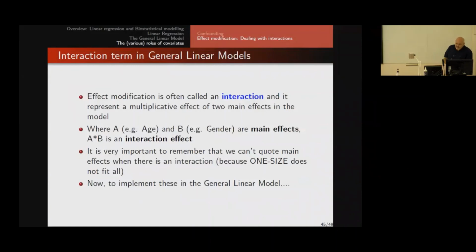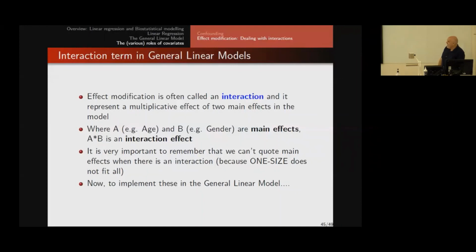Okay, so effect modification is often called an interaction and it represents a multiplicative effect. Now, I'm talking stats now, okay? Effects by themselves, we tend to call main effects. When we talk about them together, we call them an interaction effect. And as you can see right there, it's multiplicative.